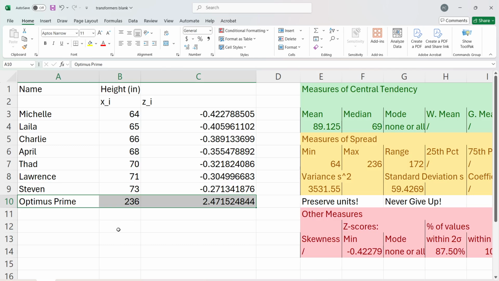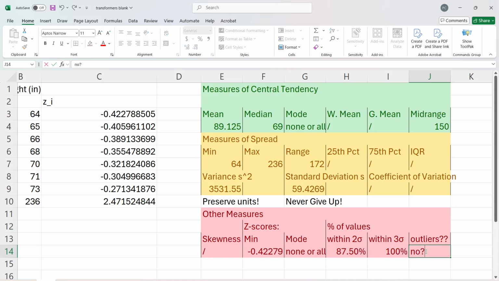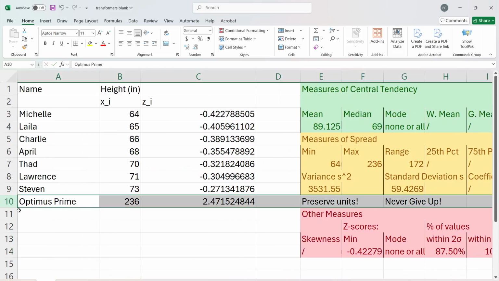It's always just going to be a rule of thumb that some amount of personal insight is going to be necessary in order to keep it in check. I would go over here and say, are there outliers? According to our 3 standard deviation rule of thumb, no? Question mark? It doesn't seem that there are any outliers here, but make your own decision about whether the giant robot from outer space really belongs with the rest of the data.